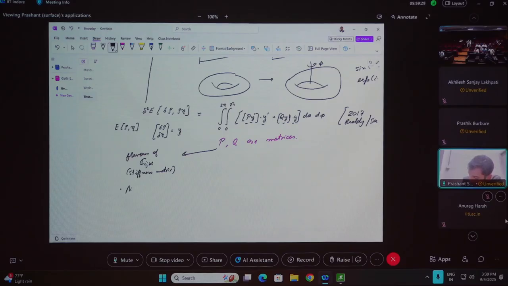So we get a necessary condition for stability, and we get a sufficient condition. The condition is exactly what we said earlier, that the matrix P is positive definite.